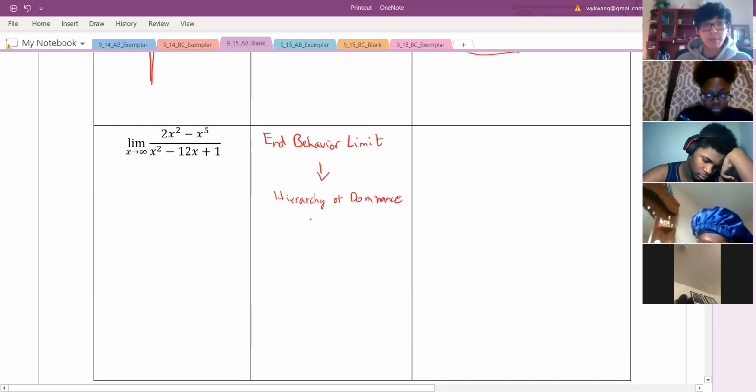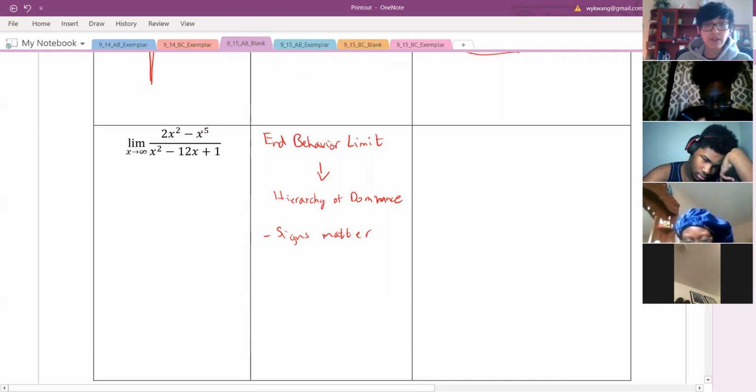And basically with the hierarchy of dominance, we remember our first step is to isolate dominant terms. So the dominant term in the numerator is x to the fifth, right? It's more dominant than x squared. So I'm going to circle x to the fifth, but I have to remember that signs matter. So hierarchy of dominance, also don't forget that signs matter.